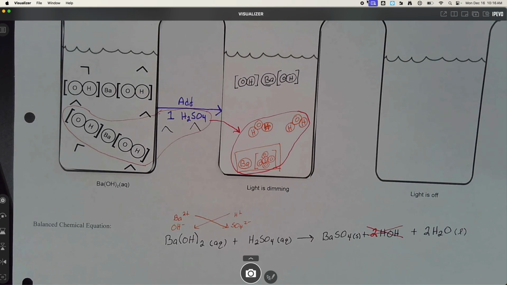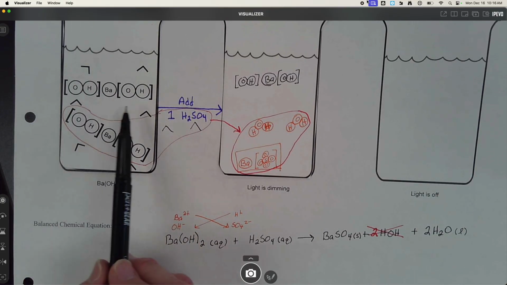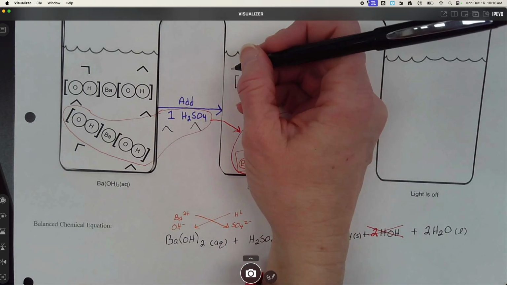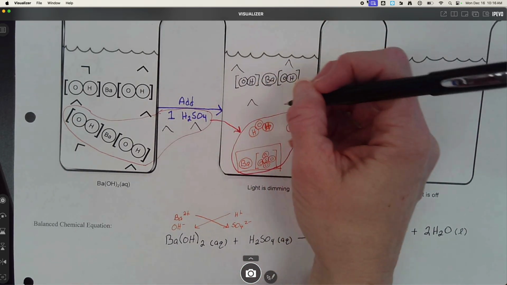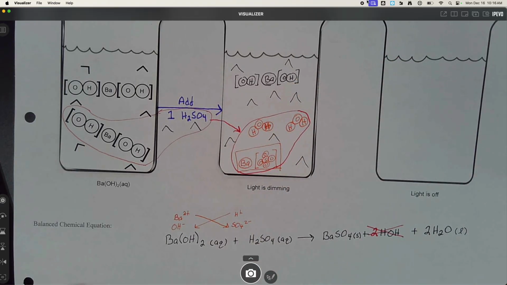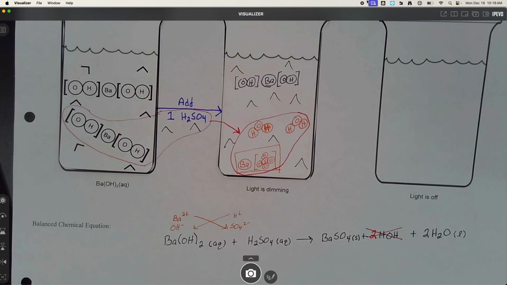So that was my leftover one, just brought along for the ride. And then we have a whole bunch of water. We've got 1, 2, 3, 4, 5, 6 that we had to start with. A couple more came along with the sulfuric acid. There we go. 8 water molecules for the purpose of doing the dissolving.